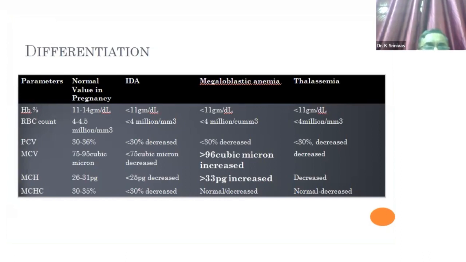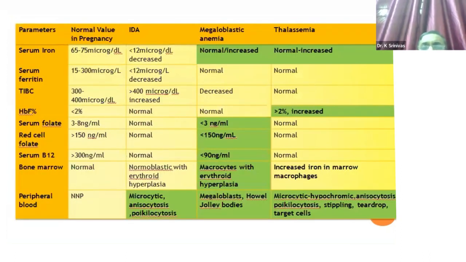And coming to the further investigations, here also the ones that are put in green, please observe, serum iron is decreased definitely in iron deficiency, but in thalassemia and in megaloblastic anemia, it could be normal, and most often in thalassemia, it is increased. That is the reason why we do ferritin levels, TIBC levels, etc., when the patient is not responding to iron, to find out, is it something else which is not iron deficiency?